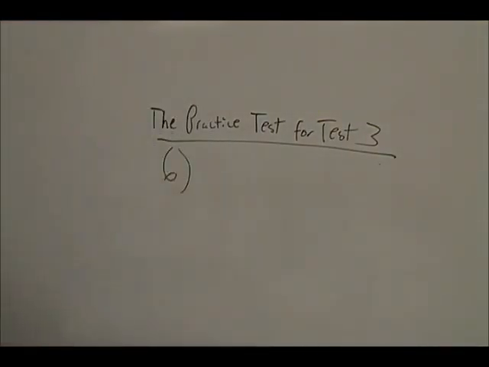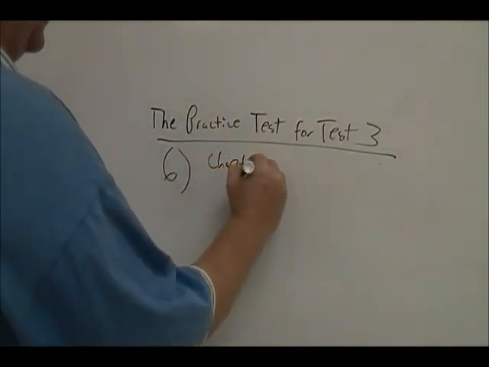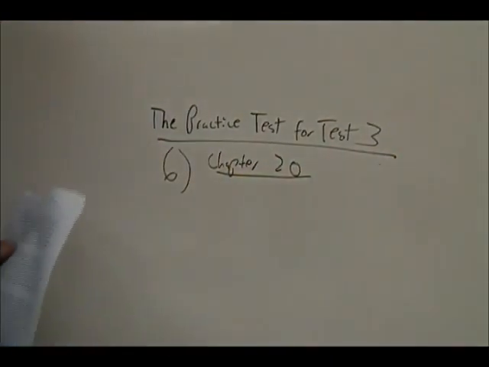And for problem 6, we start the confidence interval problems. So that's the part that comes from chapter 20 and 21. Now, if you go to problem 6, this is the part that comes from chapter 20. And this is where you're going to do a confidence interval estimate for an unknown population percentage using a sample percentage or sample proportion and a given sample size and a given confidence level.